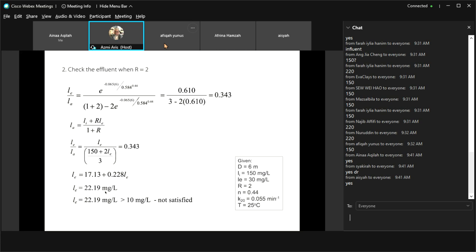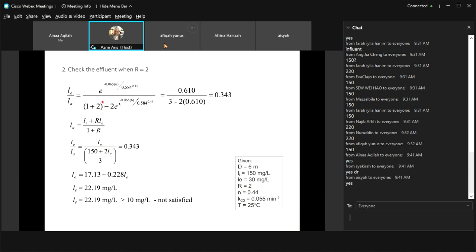The answer is that when you change R to 2, you still get unsatisfactory BOD value. You have to increase your R to a much higher value in order for LE to be less than 10 milligram per liter. But that is not part of the question. So this is how you do the checking. You have already calculated your QV just now because you do not know your A value, so you have to use all the equations.